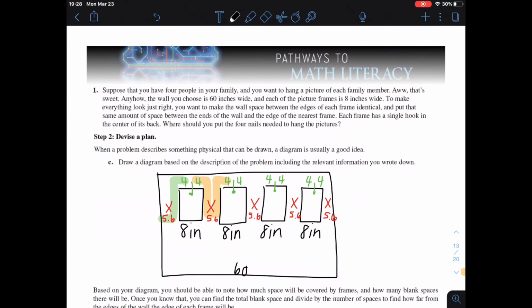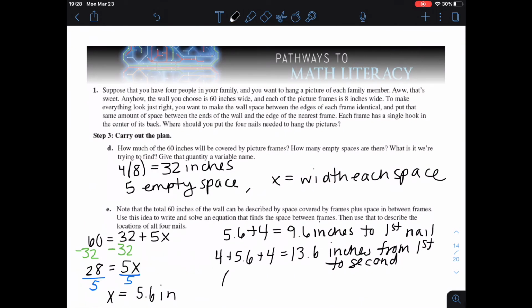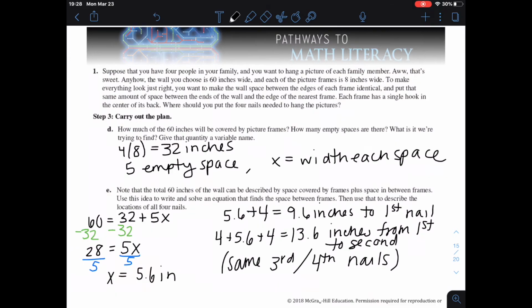And then likewise, for these other 2 frames, it's exactly the same: 4, 5.6, 4, 5.6. So it's the same for the third and fourth nails. So you do 13.6 inches from the previous one.